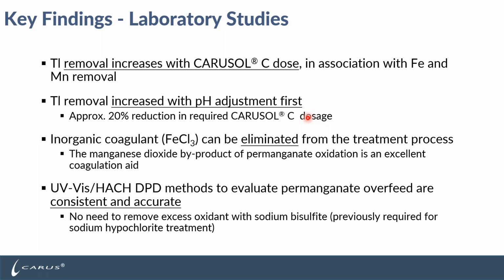And finally, UV-Vis or HACH DPD methods to evaluate a potential permanganate overfeed are consistent and accurate, and largely eliminate the need to remove excess oxidant with sodium bisulfite that was previously required using treatment with bleach or hypochlorite.